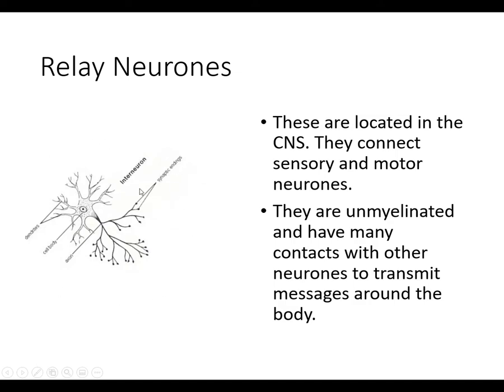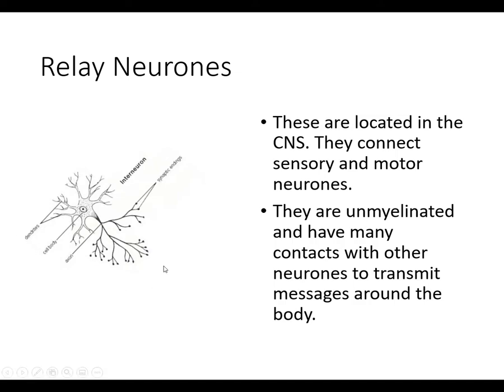Relay neurons are all inside your central nervous system, so your brain and your spinal cord. They synapse or connect to, we'll come back to that a little bit later, lots and lots of sensory neurons that come in. They are responsible for then deciding which impulses to send out along motor neurons, and basically coordinate and send all these messages around the body.